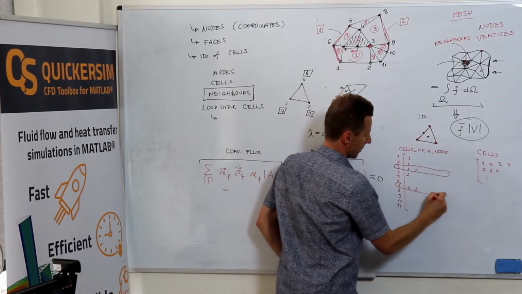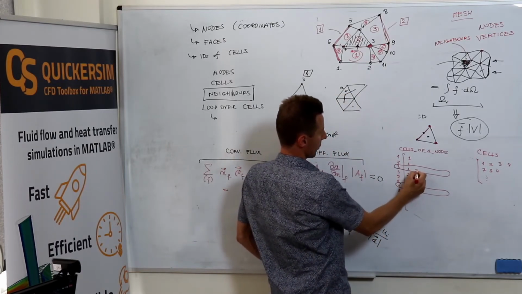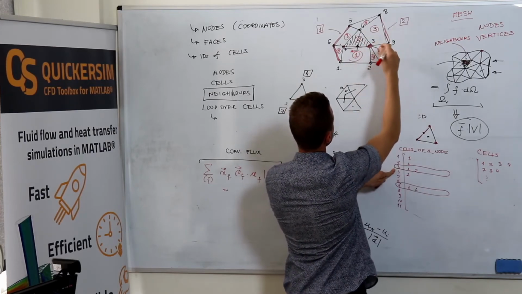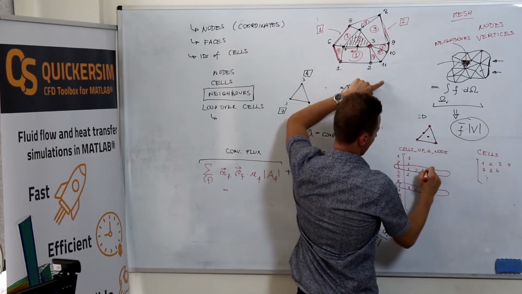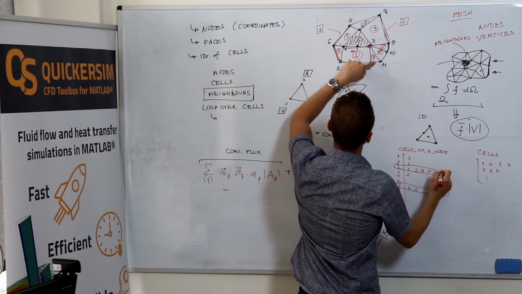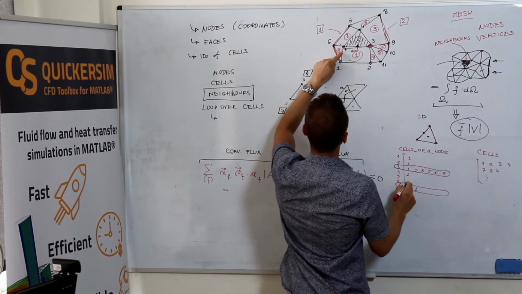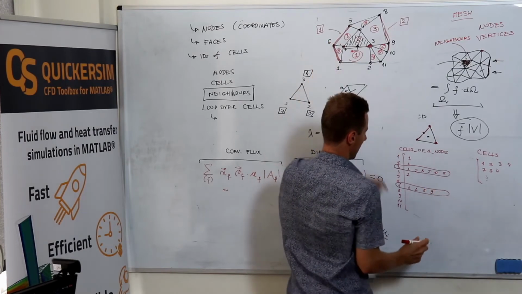Let me complete this. At third, we've got 1, 2, 3, 5, 6, and 7. Number 7 is 1, 2, 8, 9.